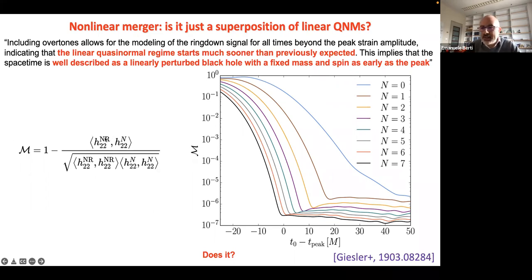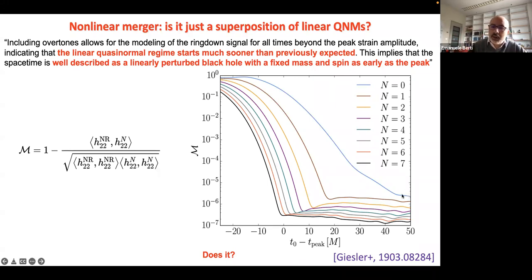Think of the mismatch as a scalar product between your model ringdown waveform that is obtained by superposing n overtones, where n goes from 0, so this means only the fundamental mode, to fundamental plus first overtone, 2, 3, 4, and so on. And then they compute this number that is called the mismatch. If the mismatch is small, it means that your superposition of quasi-normal modes is a good fit, in this case, to the l equal m equal 2 component of the full merger waveform.